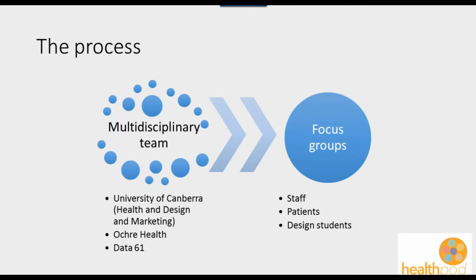So we had a skills mix, which I think is quite unusual in health services research. We had people outside of health with design expertise, with marketing expertise, and with IT expertise, as well as health people. And we applied to the RACGP HCF grants and were successful in securing just under $60,000 to try and get this project off the ground.